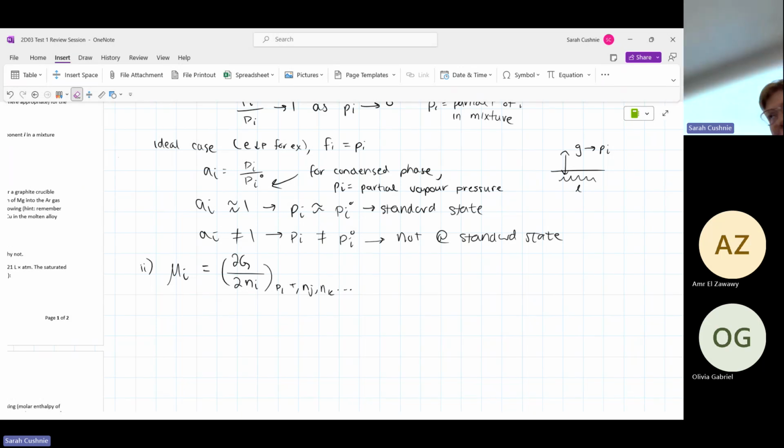So what does this mathematical gibberish mean? This is the sign for chemical potential. And this is basically saying this is the change in Gibbs energy as you change the amount of substance i while keeping everything else constant.